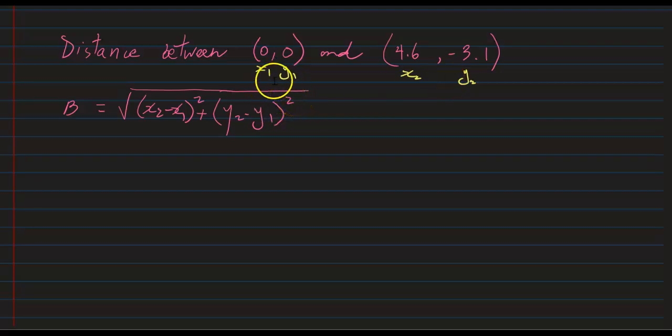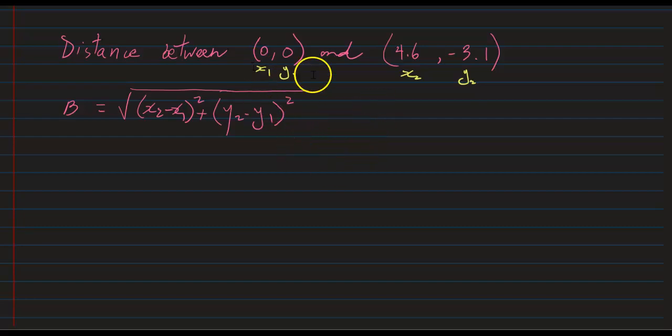By convention, I labeled the origin coordinates x1, y1, and the point of intersection x2, y2. But it doesn't need to be like that. You can switch them: make the point of intersection the first point and the origin the second point. It doesn't really matter.